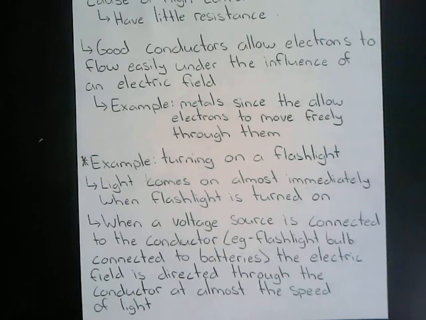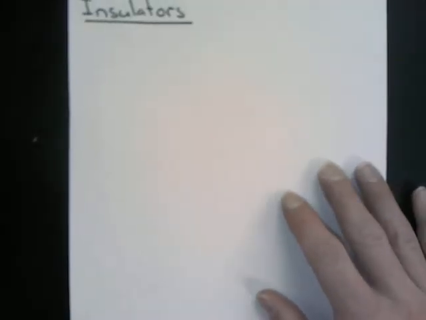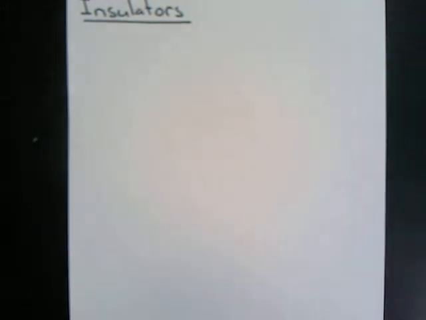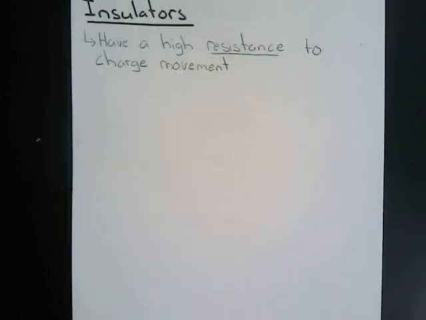Now we're going to shift gears and talk about insulators and resistance. So remember, insulators have a high resistance to charge movement. This is used to prevent electric current from flowing in directions other than the desired direction.